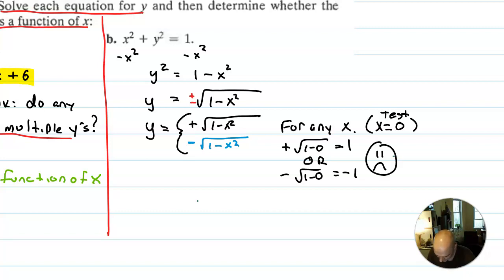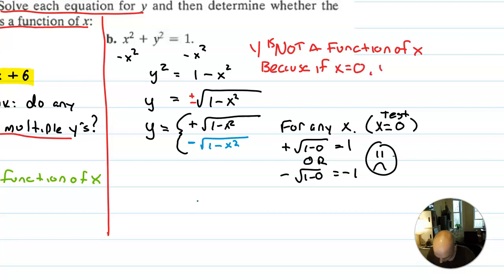Whoa, this is not a function, because for the input of 0, y is not a function of x, because if x equals 0, y equals 1 or negative 1. And we don't know which. And again, if this was on your calculator and your calculator said to you, well, hey, dude, 1 or negative 1 are the answers, you would throw that calculator away because it's not a useful answer. That's the same idea here. This is not a function.